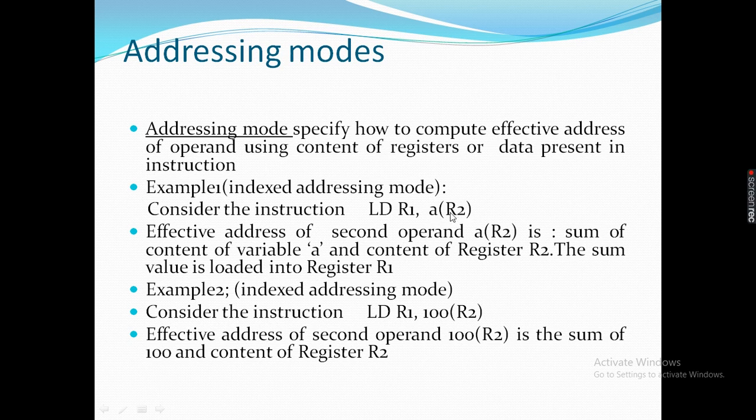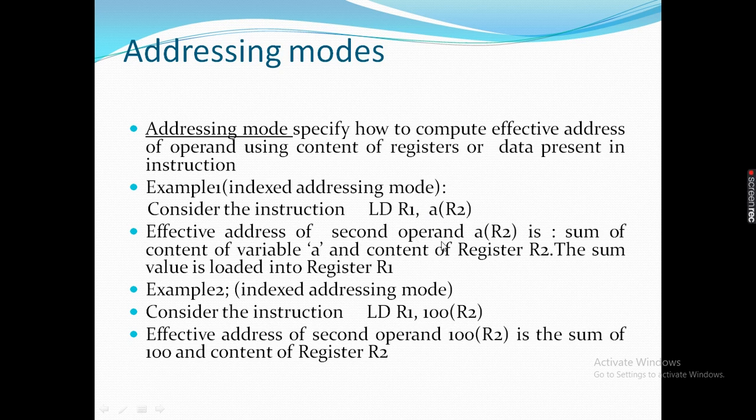So this is one of the operands. How is the effective address of this operand calculated? It is calculated by computing the sum of the content of variable a and the content of register R2, and whatever the sum is, that value will be loaded into register R1.